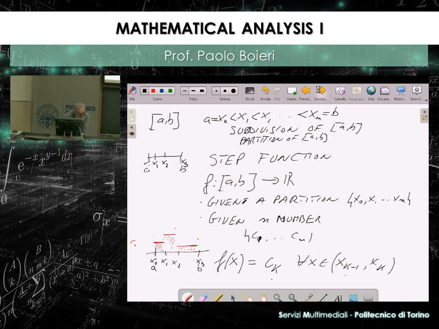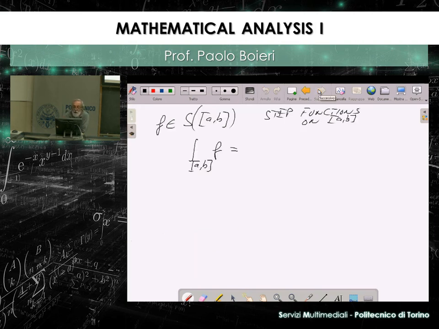In general, this will be the sum, when k ranges from 1 to n, of the ck, the constant values, times the length of the segments. And the length of the segment is xk minus xk minus 1.